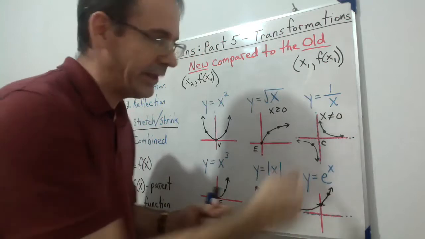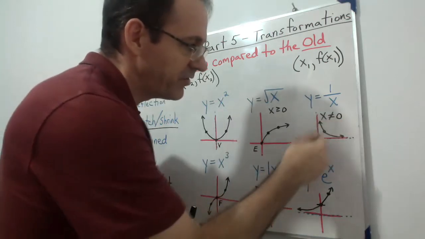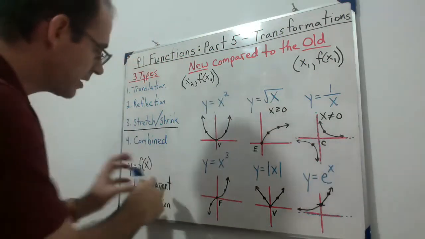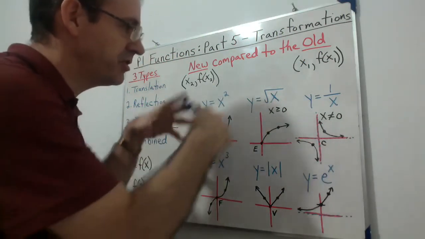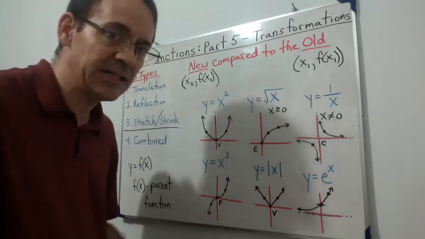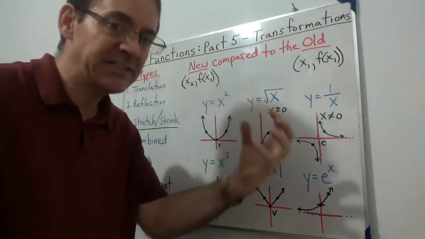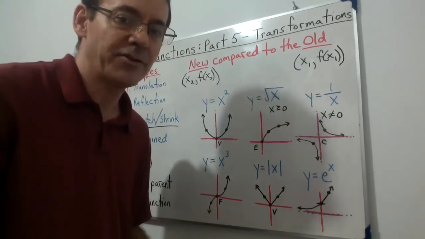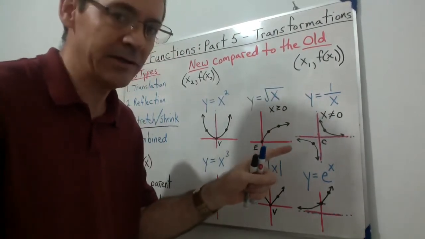The point is we get these 2 sections of our graph. That's what's going to be important. When we talk about parent functions, you should be able to visualize the basic graph that represents that, okay? So that's what's going to be important here.